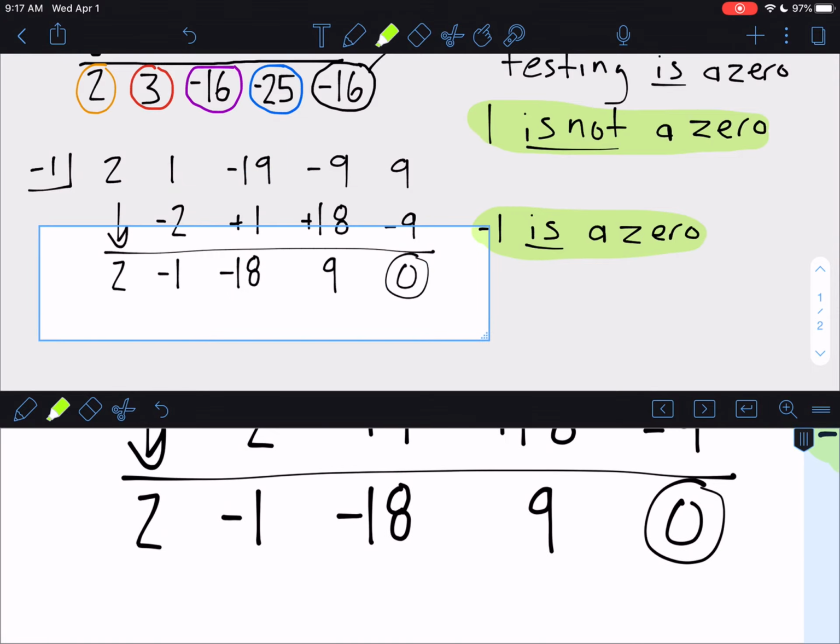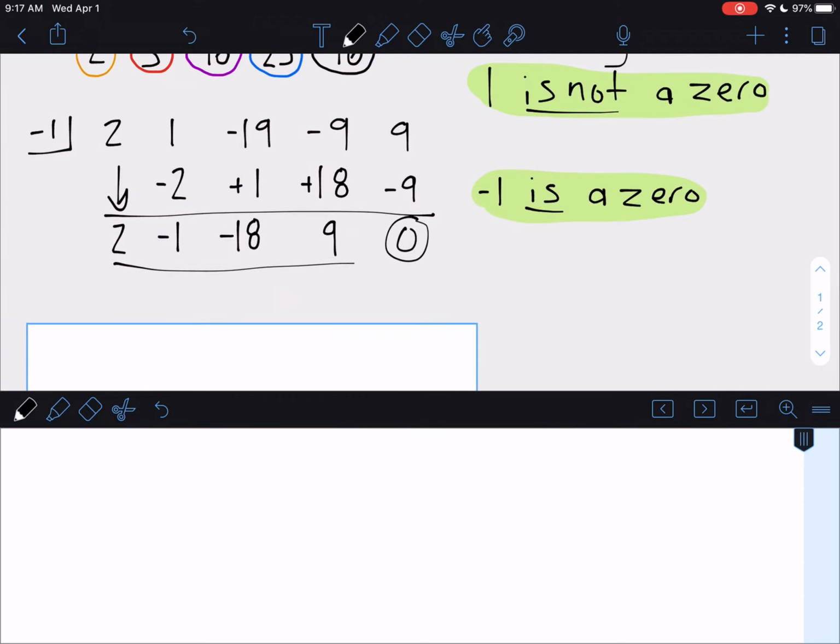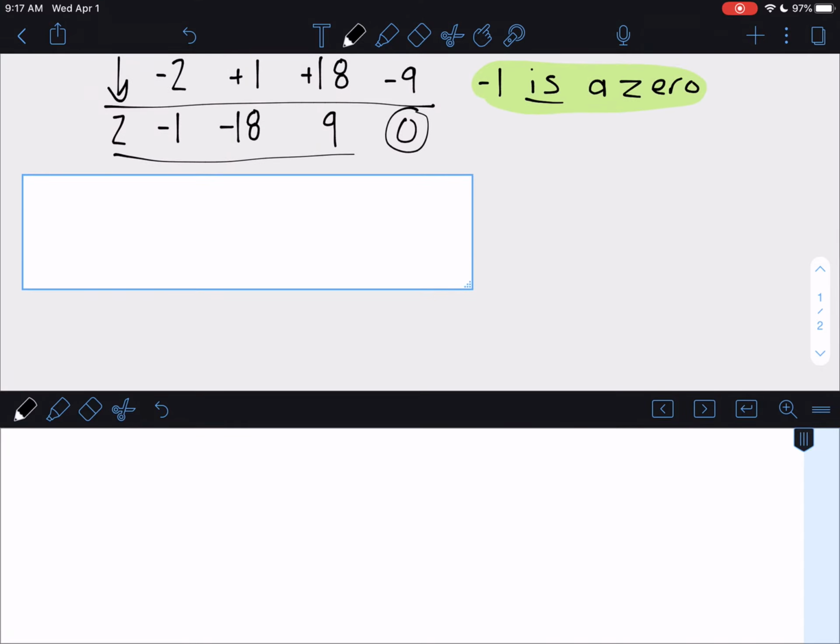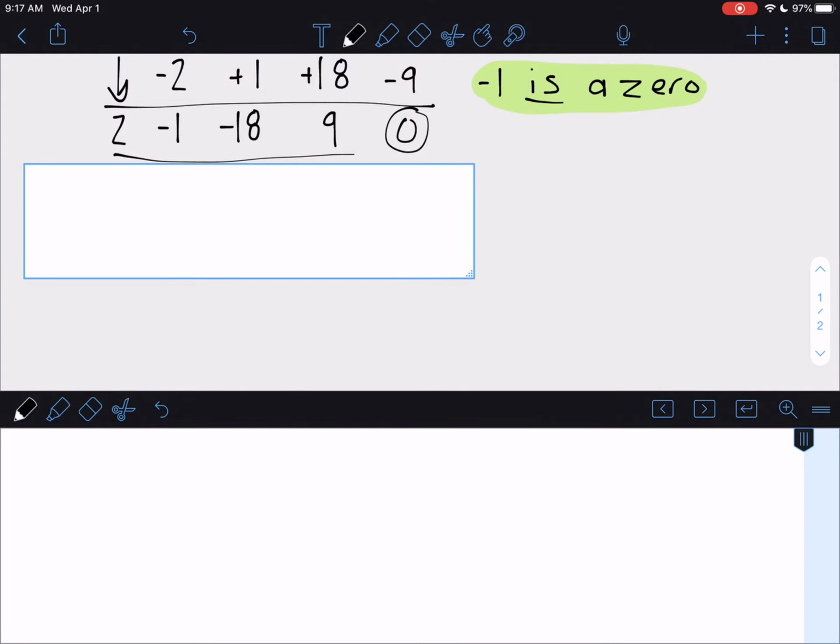So now, instead of using these numbers, I'm going to be using these new numbers here, this 2, the negative 1, the negative 18, and the 9. And I'm going to rewrite these into a new polynomial. And instead, I'm going to find the zeros of this new polynomial.